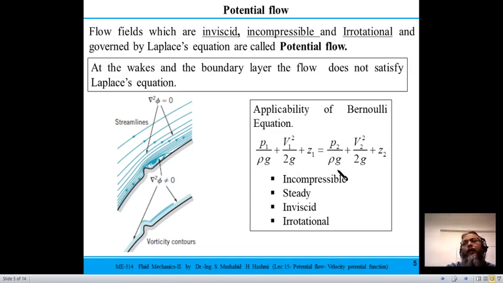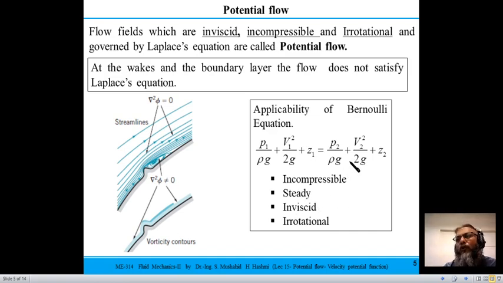At that time you were not told that this is actually a potential flow, but now in fluid mechanics 2 you have dealt with things more mathematically. So you know that there is a class of flows which satisfy Laplace's equation and which has certain conditions to be satisfied. That is something very important.